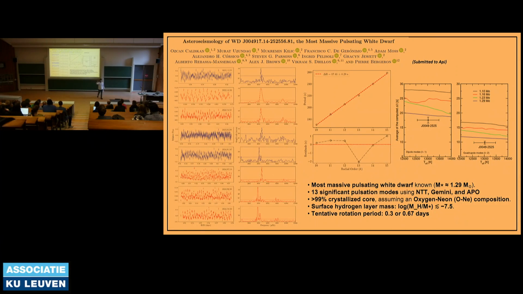So there are assumptions, and that might not be the case. Perhaps this star is composed of carbon and oxygen. That's the first caveat. But if you believe this star is composed of oxygen and neon, and the period match is correct, then what you have is 99% crystallization of the core.